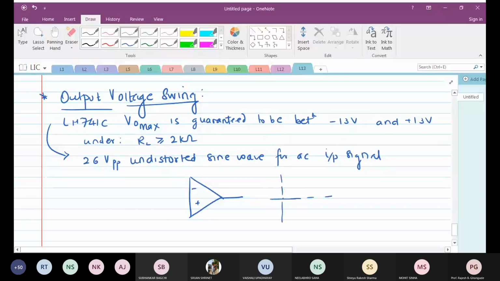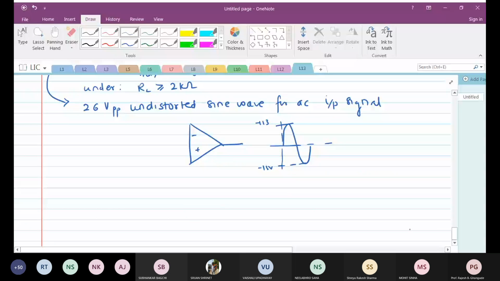You can have maximum output voltage of plus 13 and minus 13. This is the maximum that you can draw from this. Of course, if the gain is more, or if your input is also more, in that case, it will simply be saturated like this. This will be a distorted output.